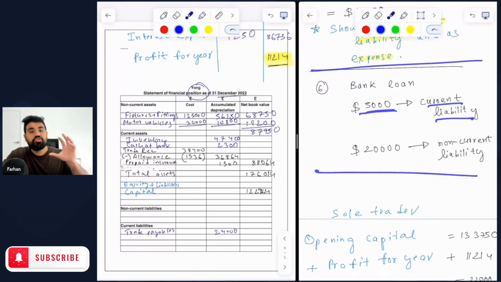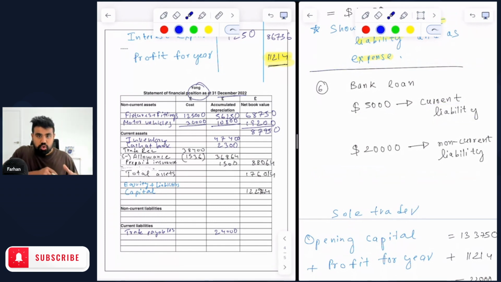The remaining 20,000, which we will be paying in other years, such as 2024, 2025, 2026, 2027. You are in 2022, so what happens after 2023 is basically a non-current liability, because it's not due in the next 12 months for payment. That is why the other 20,000 is what we classify as a non-current liability, and that is what we are going to show here.